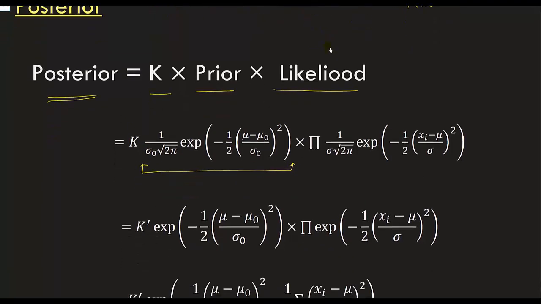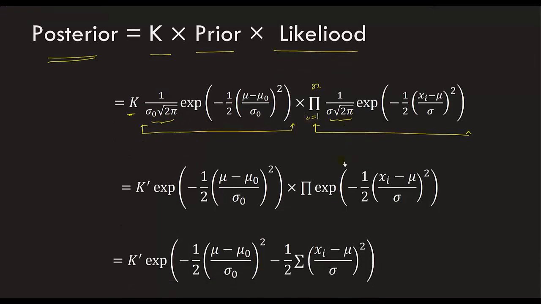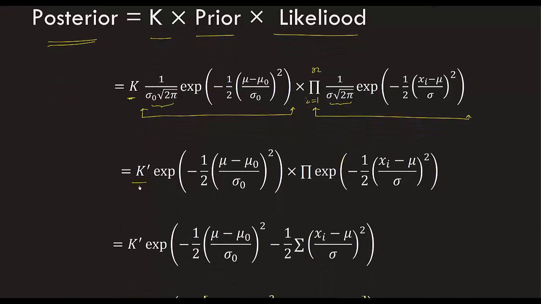Now this is the likelihood that I have already calculated earlier, from i equals 1 to n, the product of all these terms, the normally distributed f of x i, and we have to multiply all this. Now let us take this k and this constant here. If I multiply all this, I get another constant. Let's call this constant k dash.